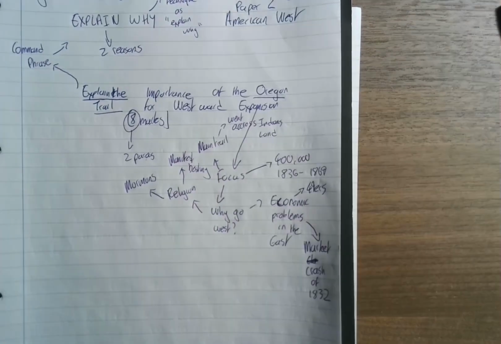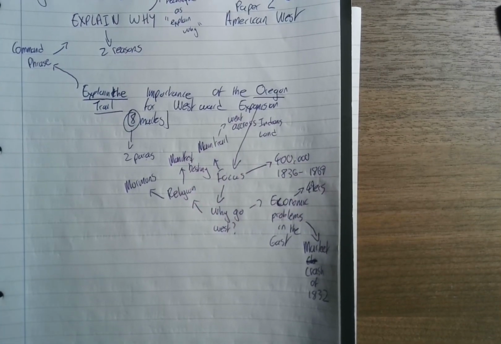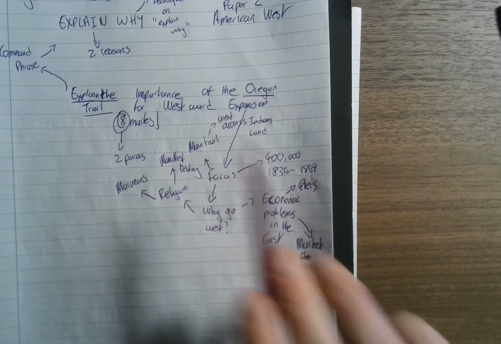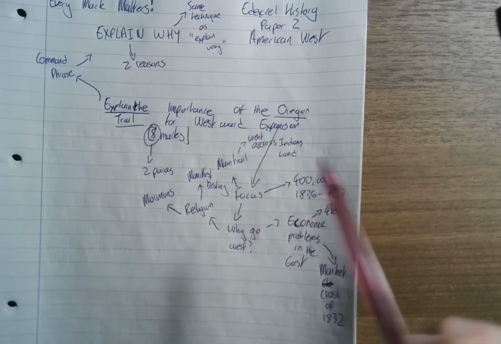So, there we go. We have got a couple of notes here that are relevant to the Oregon Trail. The whole point of doing this is that it helps you formulate your answer.